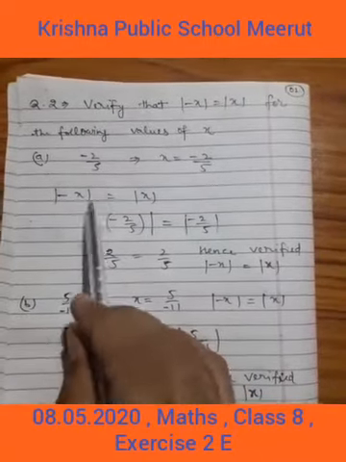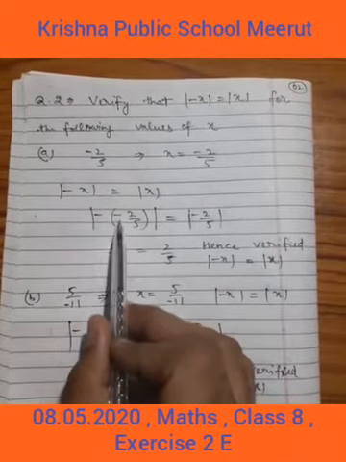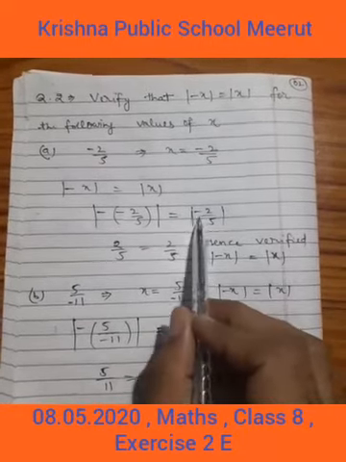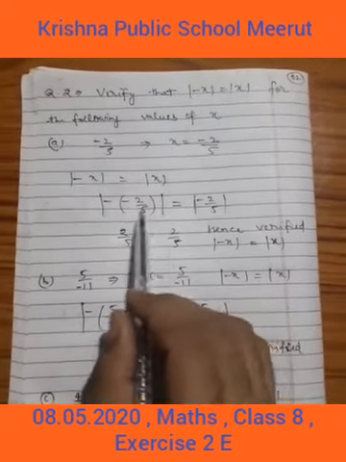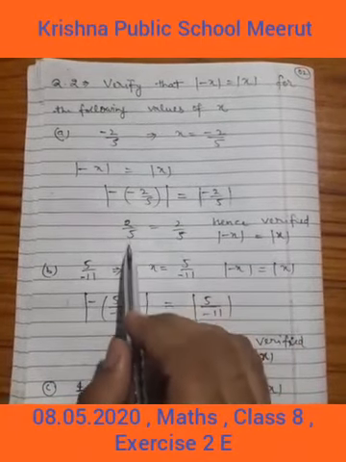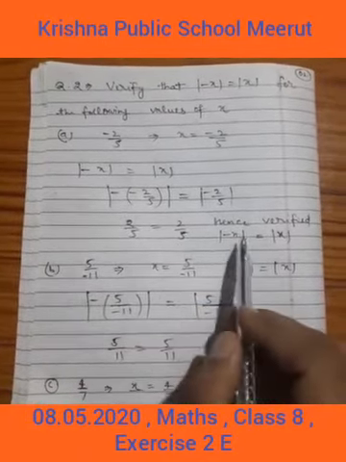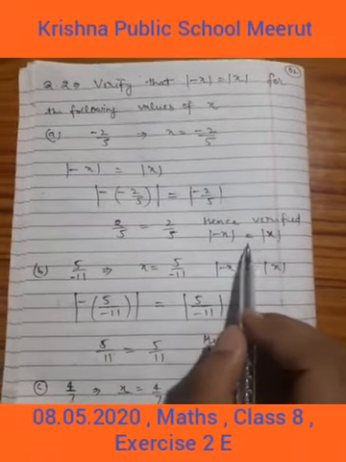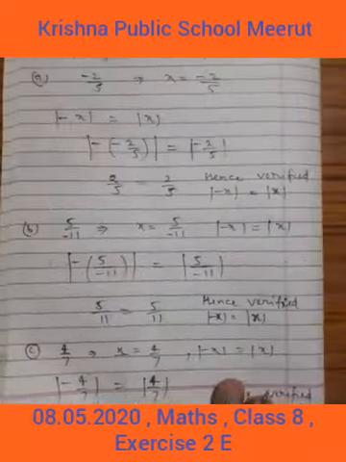So we will put the value of x here, minus in bracket minus 2 upon 5 in vertical lines is equal to minus 2 upon 5. We will find the value of both terms, that is 2 upon 5 is equal to 2 upon 5. Hence verified minus x in vertical lines is equal to x.